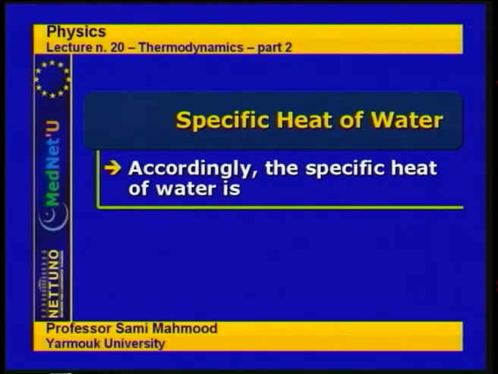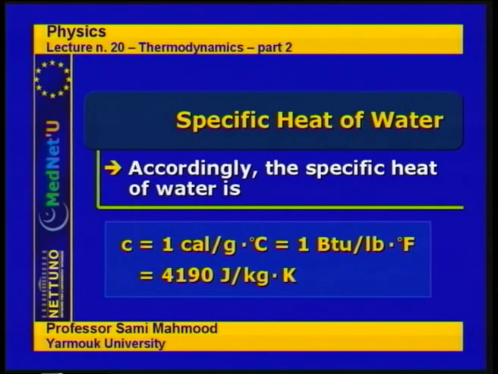Thus, now we can talk about the properties of materials, and we can talk about the specific heat of a material. As an example, the specific heat of water, depending on the definition, is simply small c, the specific heat of water, equal to 1 calorie per gram per degree centigrade, or per Kelvin, of course, because the degree centigrade is the same as the Kelvin, but this is the traditional unit of the specific heat.